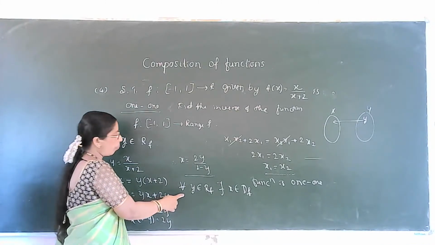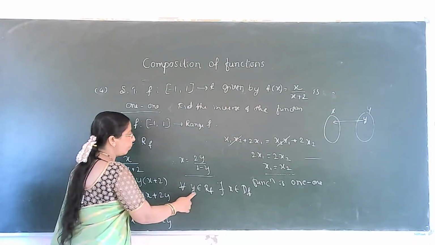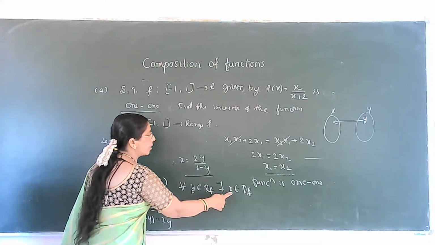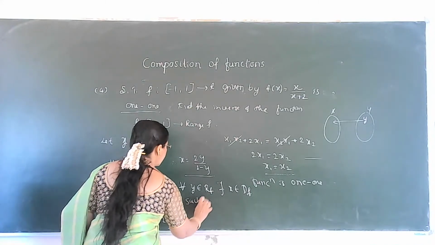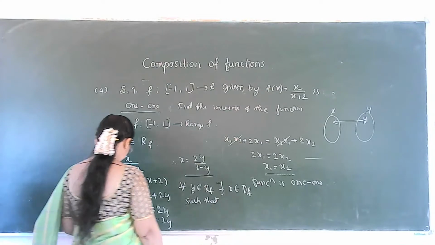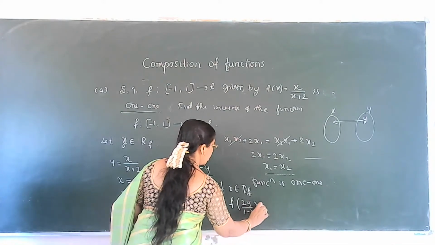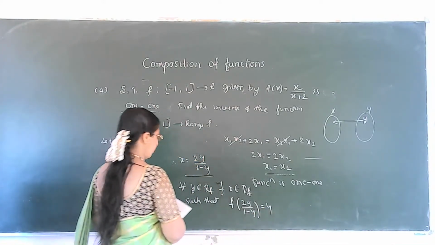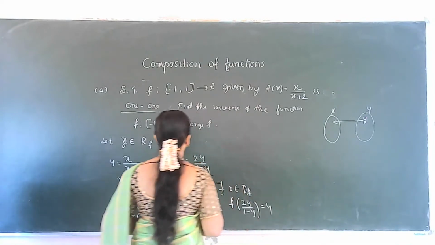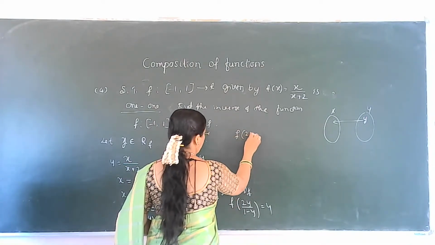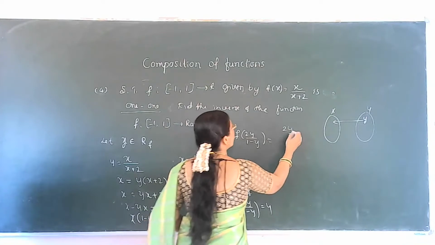We simply write it as for all y belongs to range f, there exists x belongs to domain of f such that f of 2y divided by 1 minus y is equal to y.